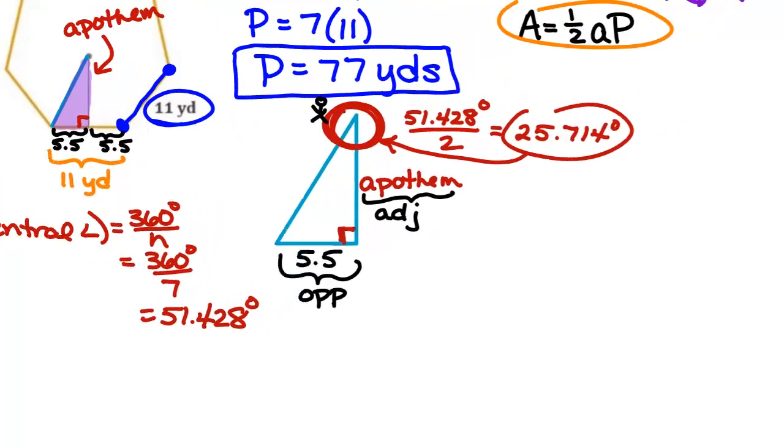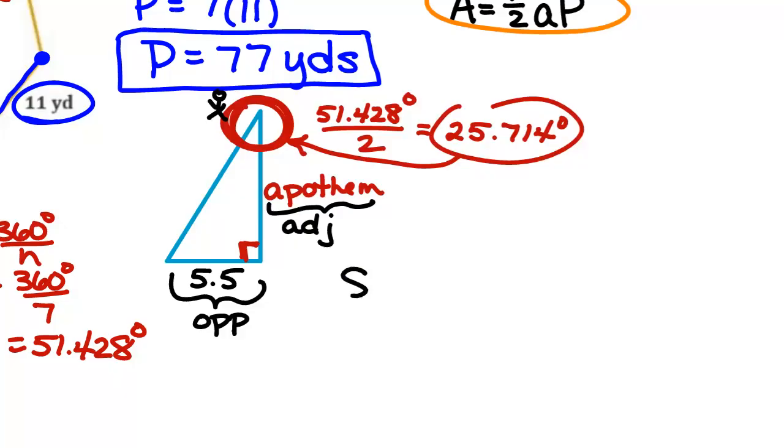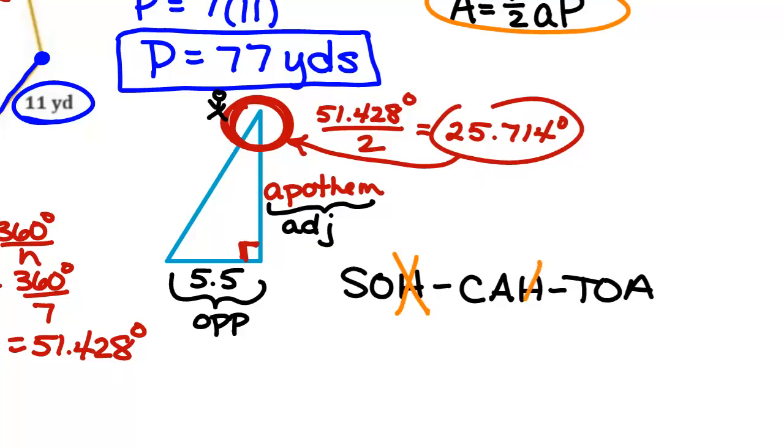So let's look at SOHCAHTOA. Which side do we not have and we don't care about? Hypotenuse. The apothem is my adjacent side, and I do care about that because that's what I want. I don't have the hypotenuse, and I'm not trying to find the hypotenuse, so I'm not going to use sine. I'm not going to use cosine. We're going to use tangent this time.